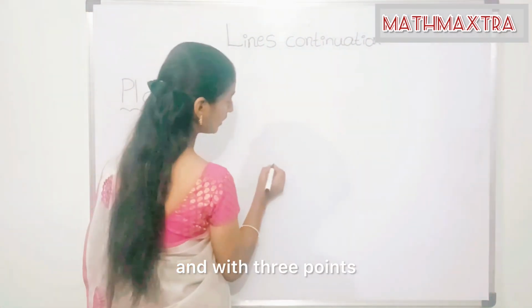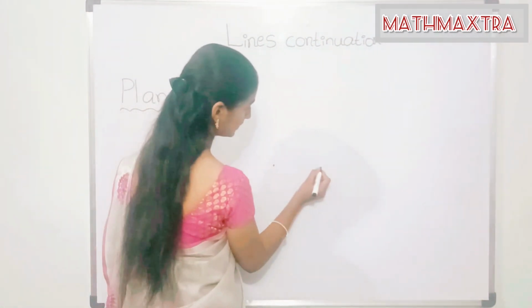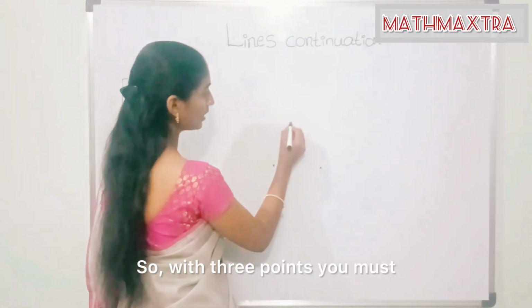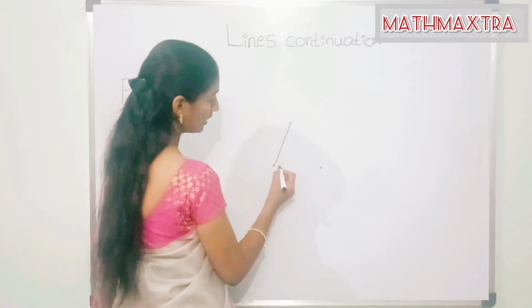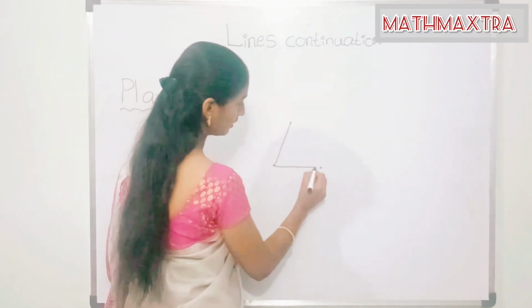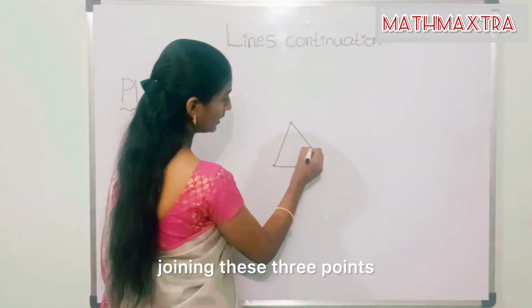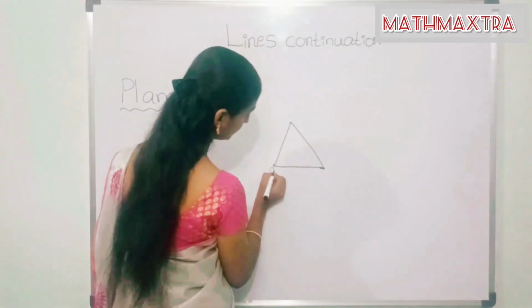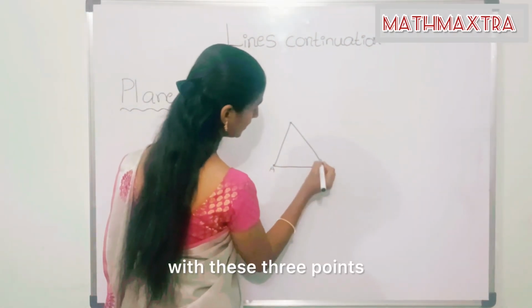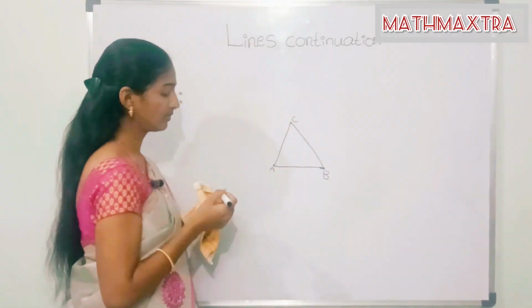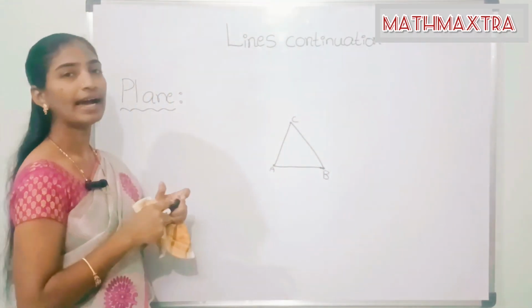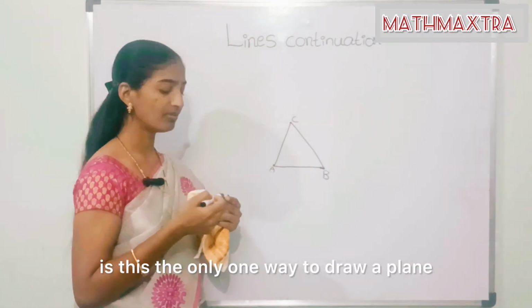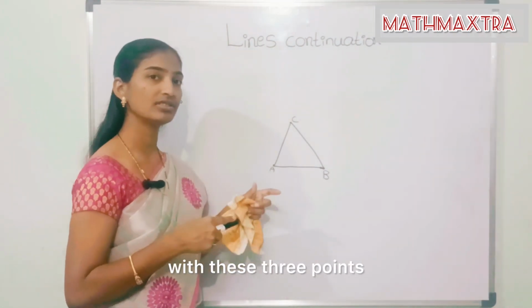And with 3 points, you must have a plane joining these 3 points. Is this the only way to draw a plane with these 3 points?